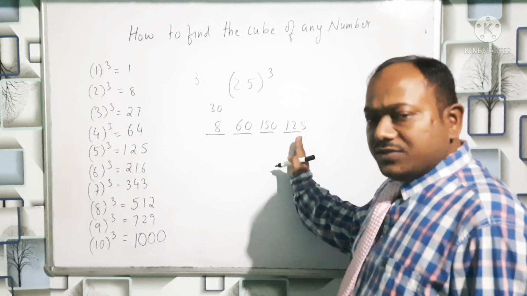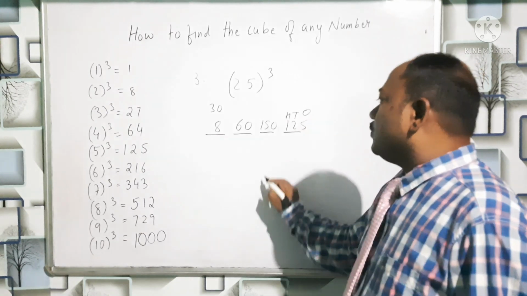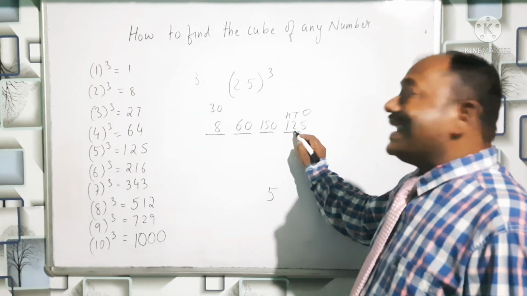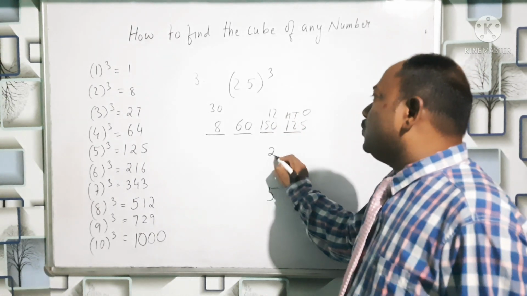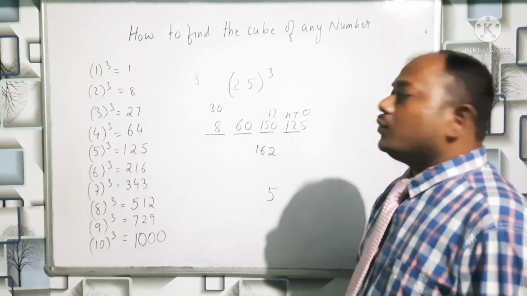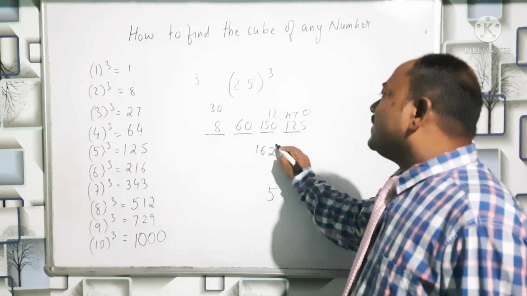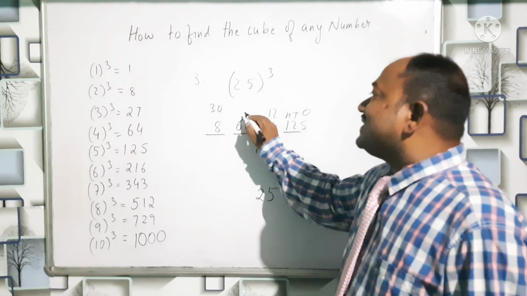Now from the fourth part, we'll consider 5 from the ones place. So right here 5. Now 12 will be carried toward 150. Now add it, we'll have 2, 6, 1, 162. So from 162, we'll take 2 from the ones place, right here 2, and 16 will be carried towards 60.